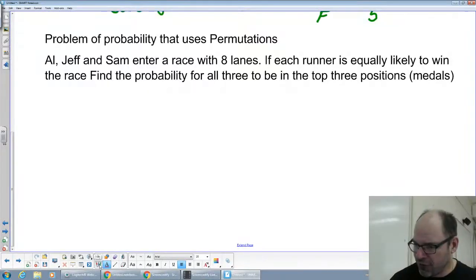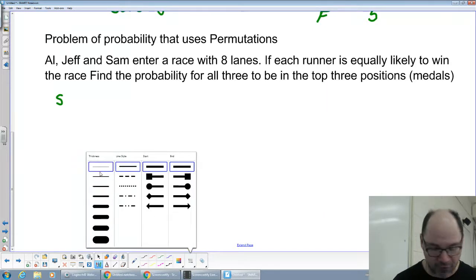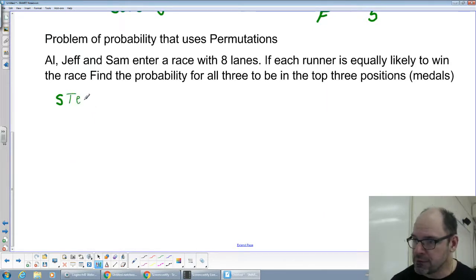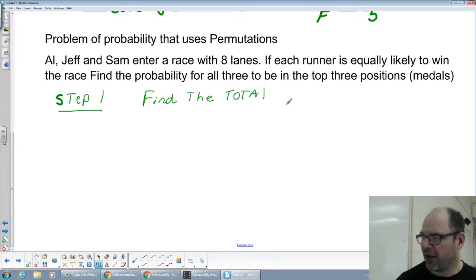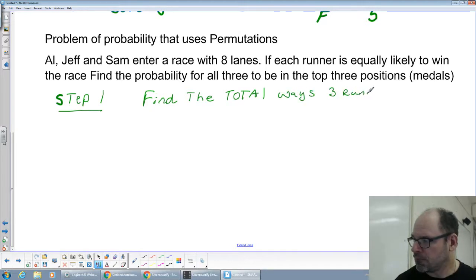Okay, so the first thing we ask ourselves in step 1, let's make this skinnier so we can write a little bit better, is to find the total ways 3 runners can finish in the medals, or top 3, right?